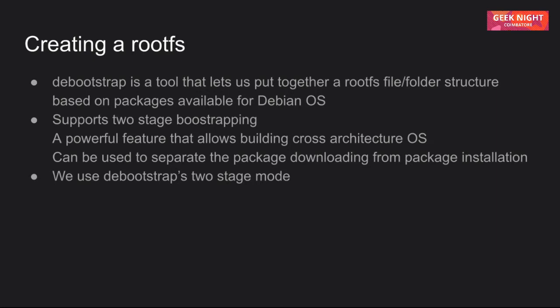So if we are using, say, a 64-bit machine to create an OS that would run as a 32-bit operating system, then, okay, maybe not a good example. Let's say we want to build an operating system using a 32-bit operating system, but the new operating system needs to run as a 64-bit operating system.